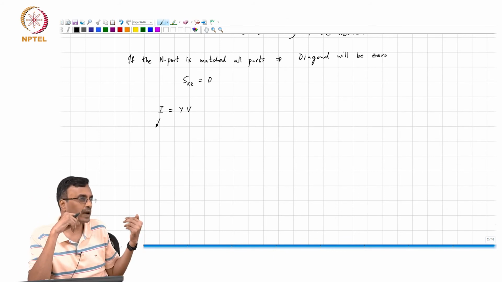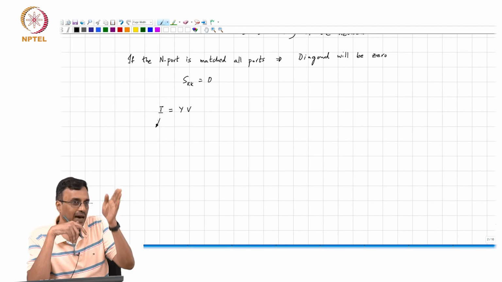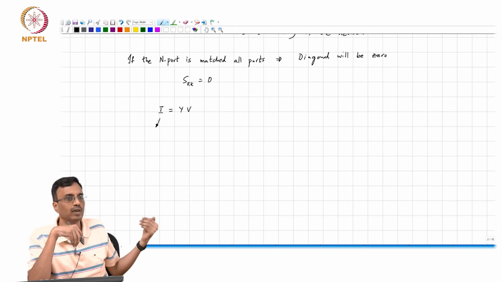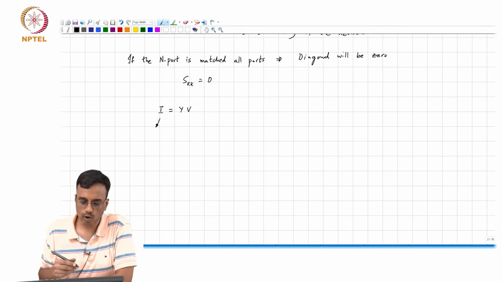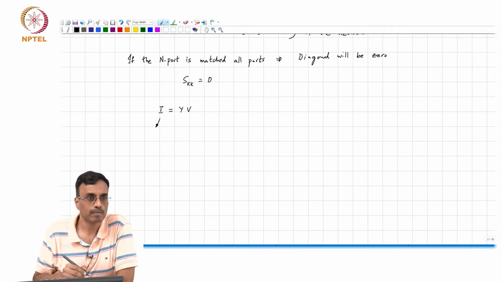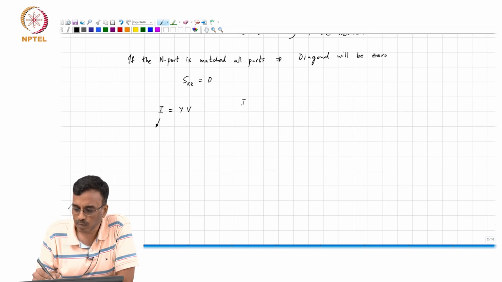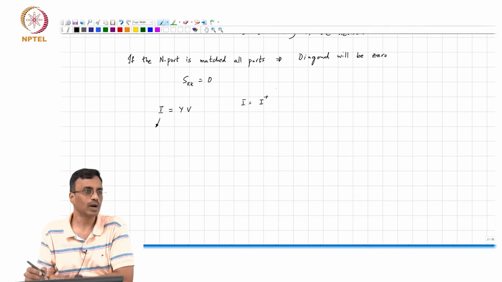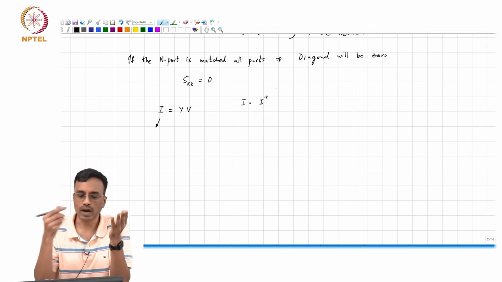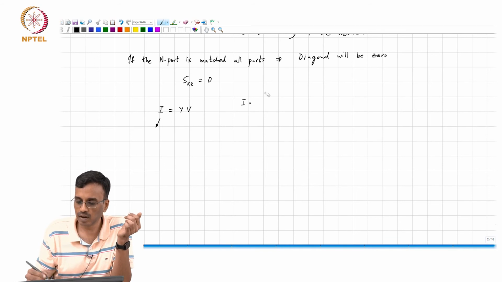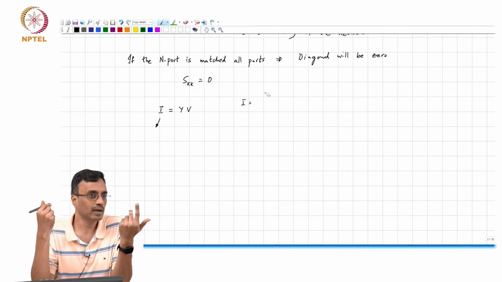So we need to express the current at the port in terms of the forward and backward going voltage waves. So what comment can you make about I? Remember, I is nothing but I plus or minus, the total current at a point. How will you express this in terms of V plus and V minus?